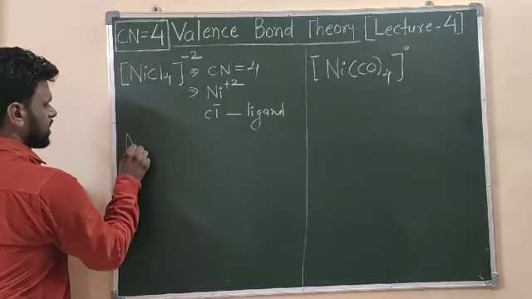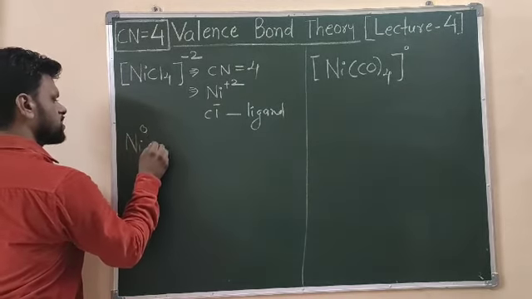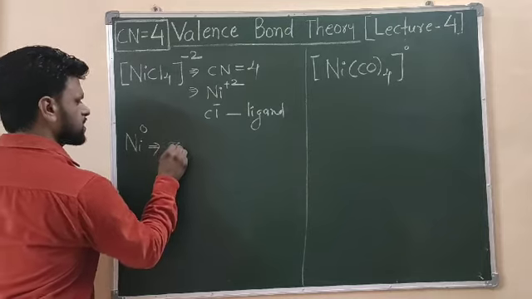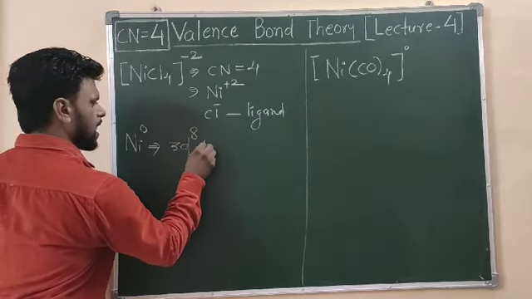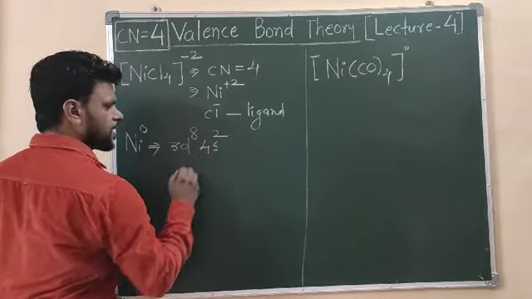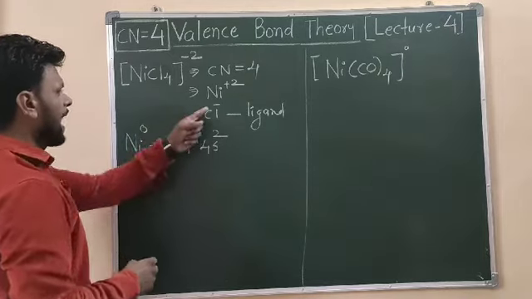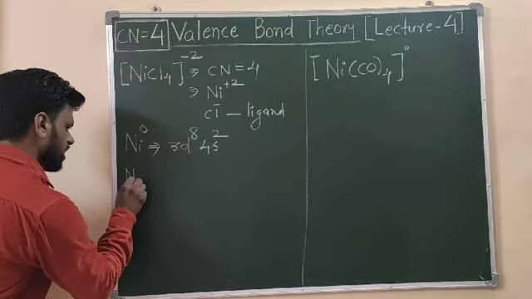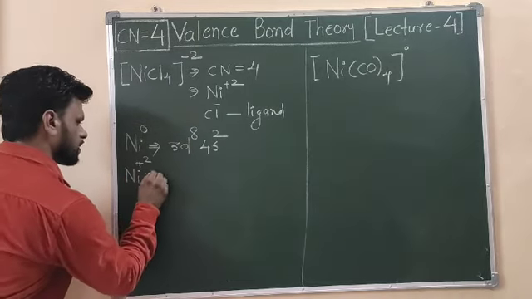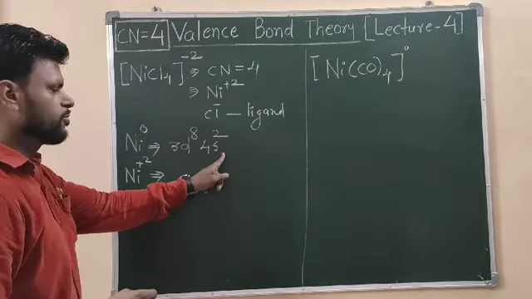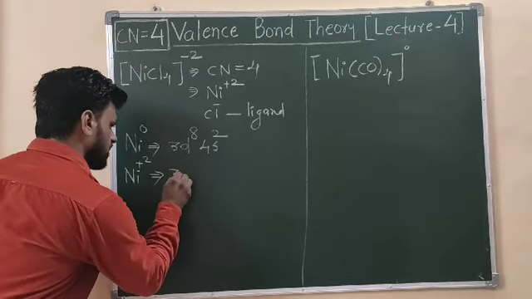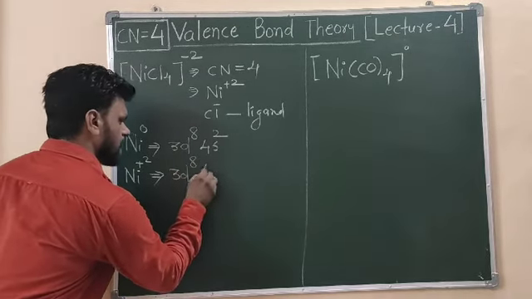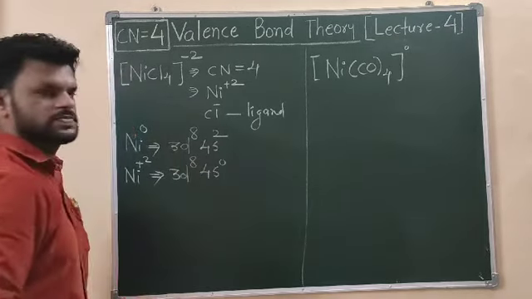Now if I take nickel in the 0 state, you know that it is 3d8 4s2 electronic configuration, and in this complex we have nickel +2. So nickel +2 means 2 electrons are removed and ultimately we have 3d8 and 4s0.